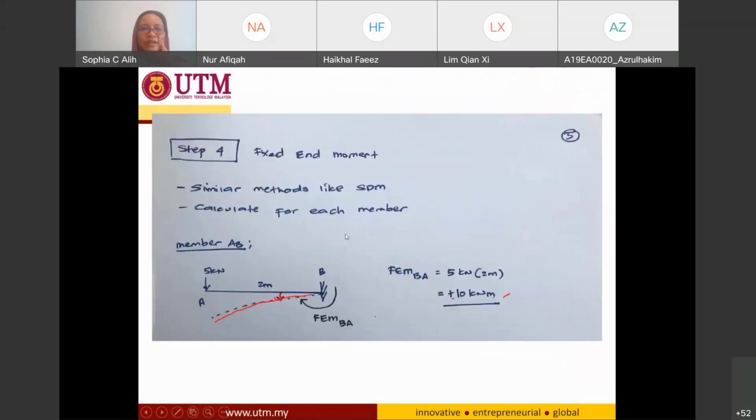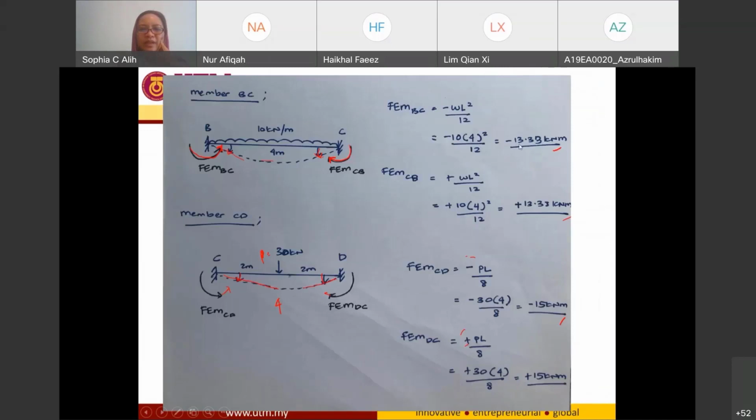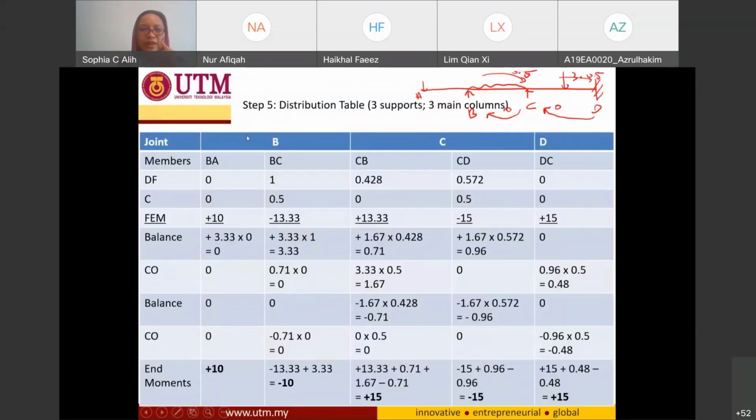This one you have also already calculated. So BA is positive 10, BC is negative 13.33, CB is positive 13.33, CD is negative 15, and DC is positive 15. You just take all these values and put them inside your column. Up to this level, everything is what you have already calculated in steps 1, 2, 3, and 4.